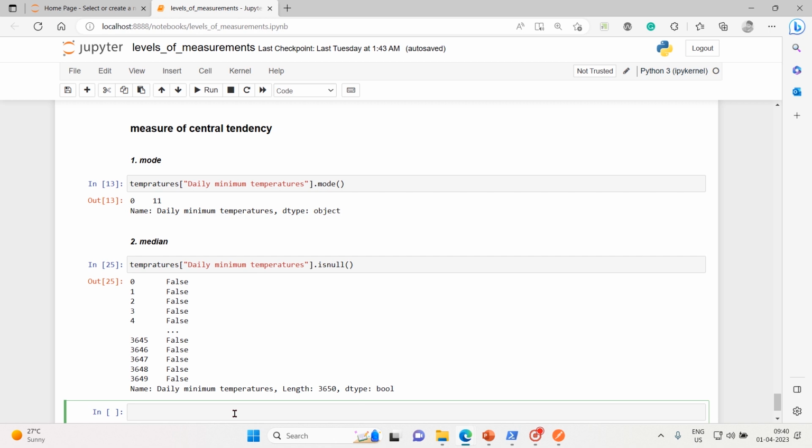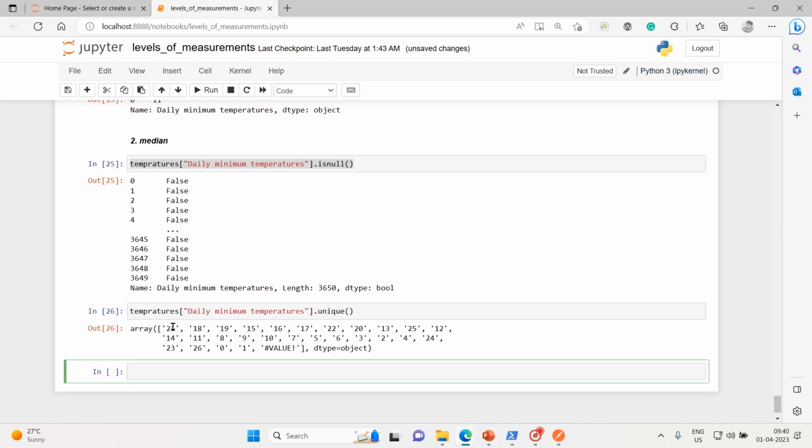What I'm going to do is copy this one and look into the unique values of the daily minimum temperatures pandas series. Okay, so you got all numerics other than this one value, so I'm going to copy this exactly.